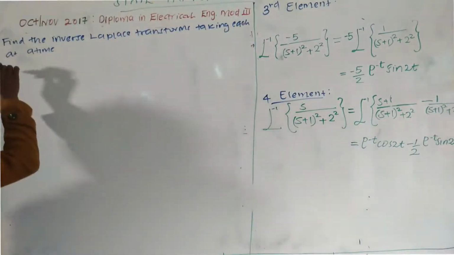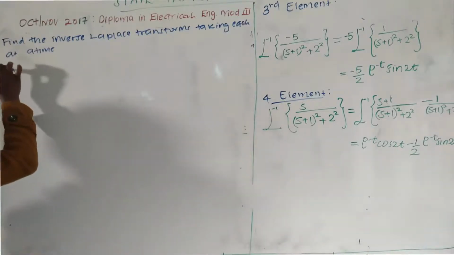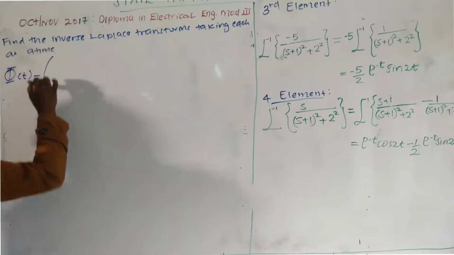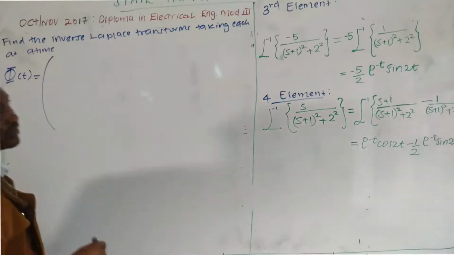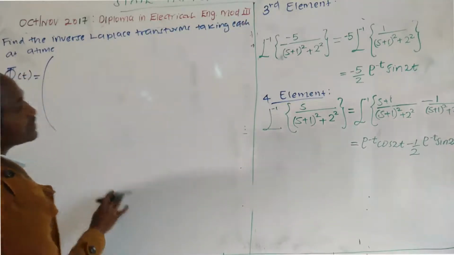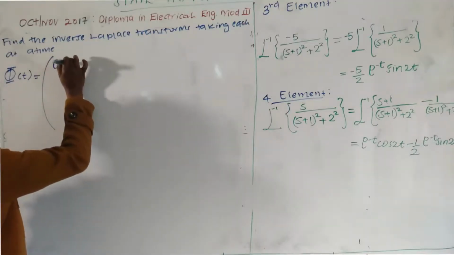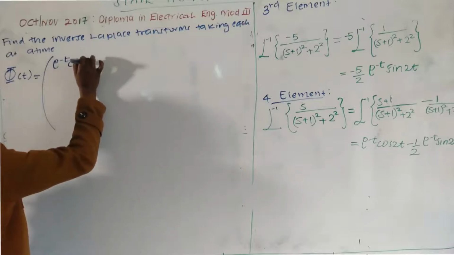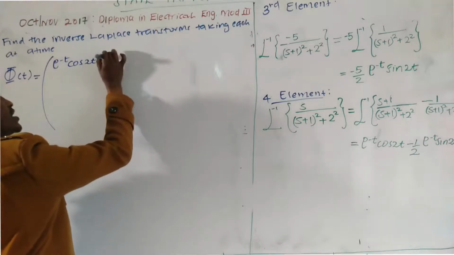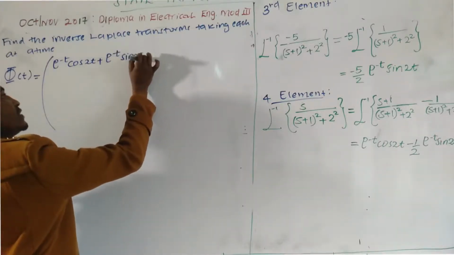You see, the state transition matrix phi of t, you should express it as a matrix. The first element, I've just removed it, but I think I can remember it, is exponential negative t cosine of 2t plus exponential negative t sine of 2t.